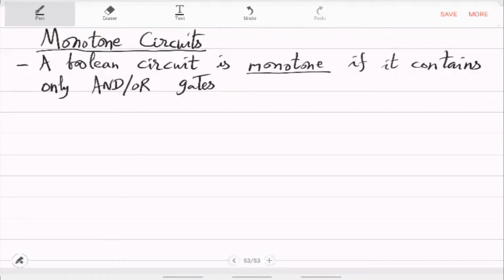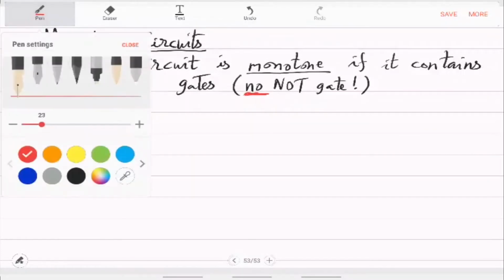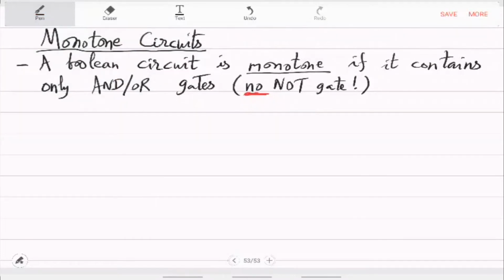Okay, so monotone means that there is no NOT gate. So these circuits, in the absence of NOT gates, are called monotone circuits.